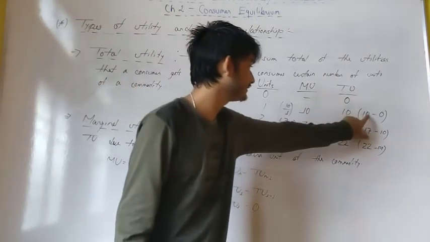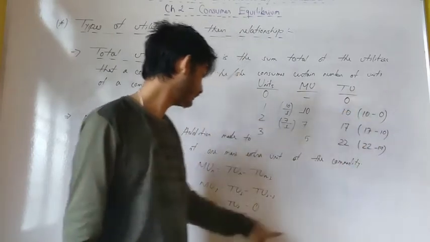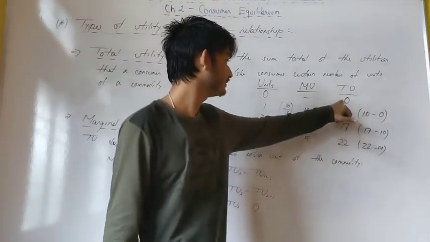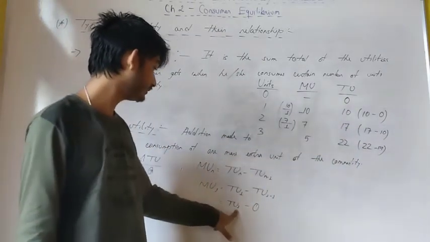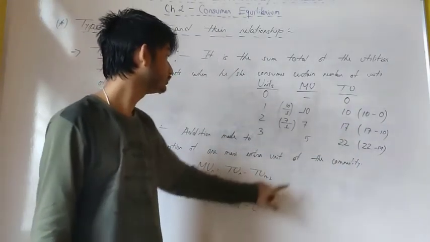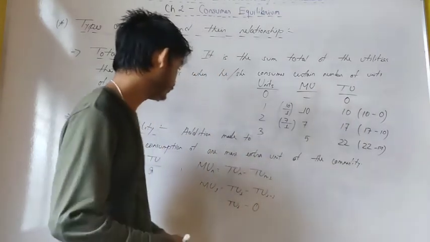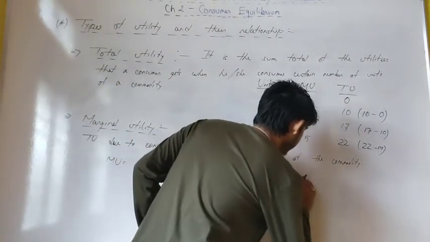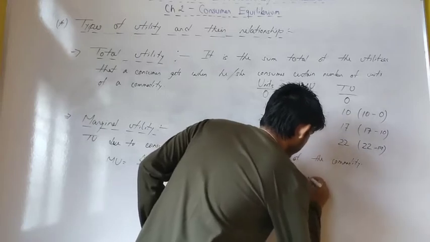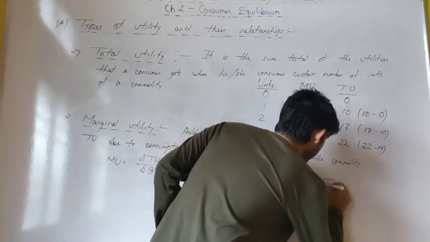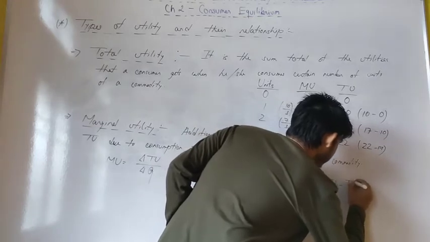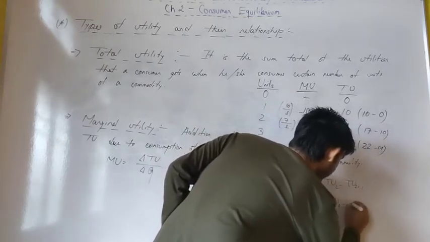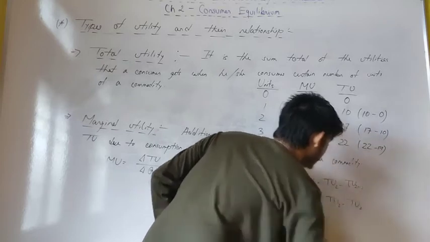So this is actually the main formula. This relates to this one: 10 minus 0, total utility at the first unit minus total utility at 1 minus 1, which is 0. For the second unit, we will do something like this: MU2 equals TU2 minus TU2 minus 1, that means TU2 minus TU1.